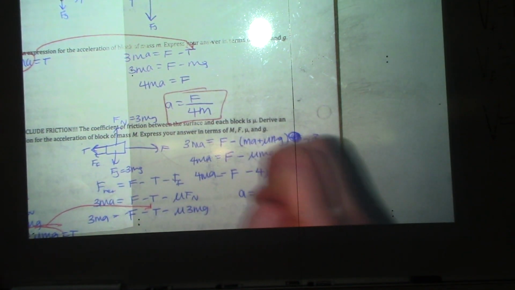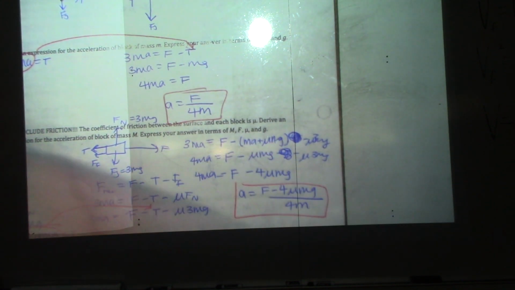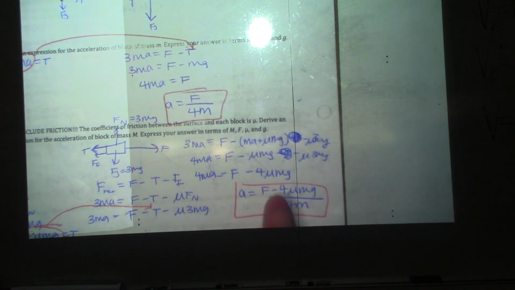I don't have T anymore, I just substituted in minus the mu 3 mg, my bad guys. So I can combine these like terms, mu mg minus 3 mu mg is just minus 4 mu mg. So your force minus that is 4ma. And then last step is divide to get a by itself, so a is F minus 4 mu mg all over 4m. You would not cancel out the 4m because the F does not have a 4m, so those can't just cross off.